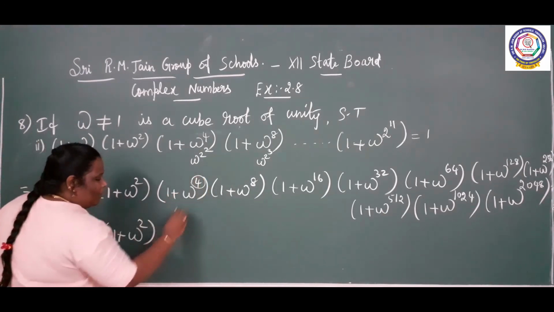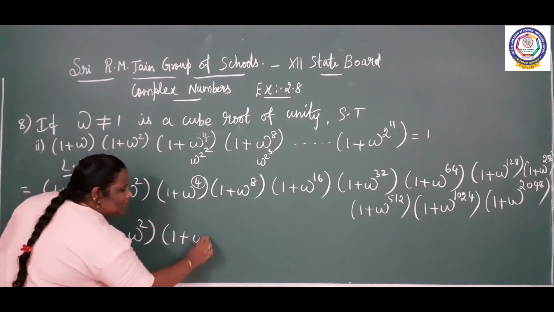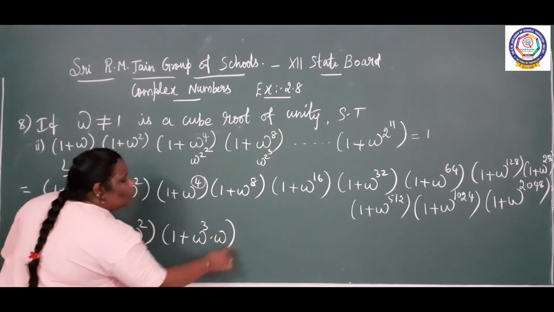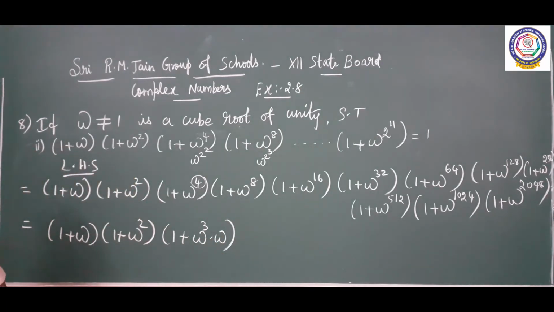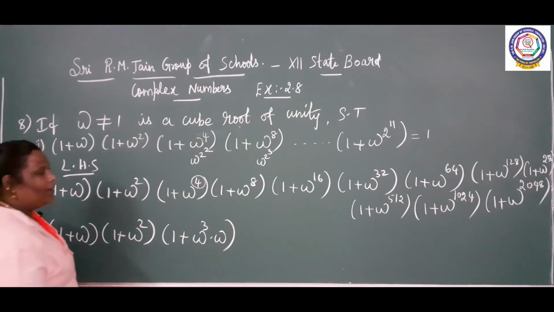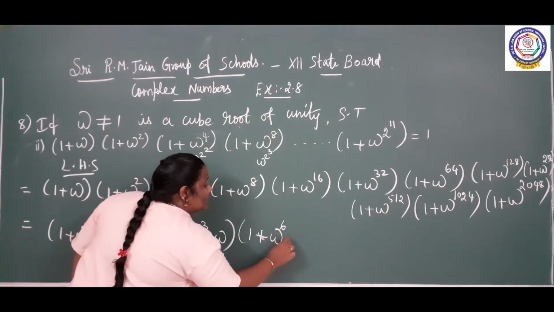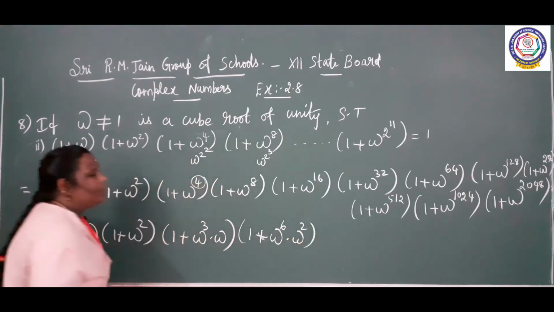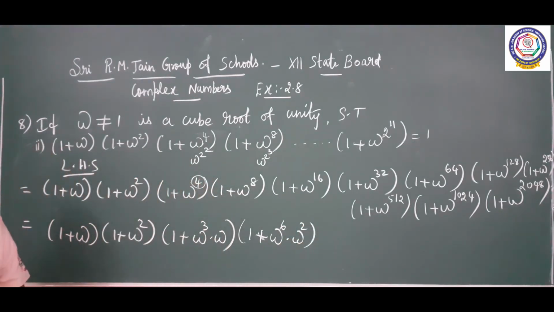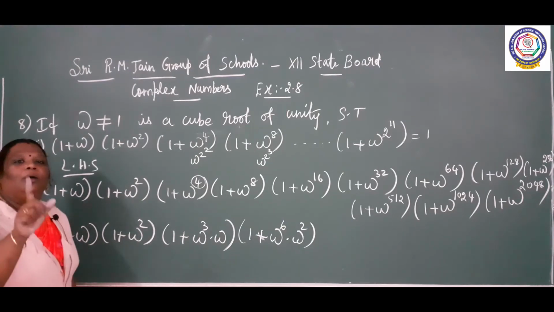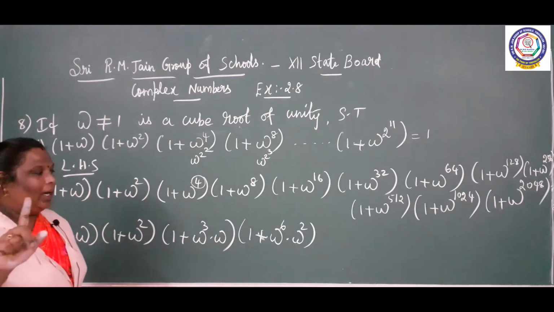That omega power 4 I will write as 1 plus omega cube into omega. Here 1 plus omega power 6 into omega square. Omega power 6, I told you before itself, multiples of 3 value is 1. Omega value is 1.